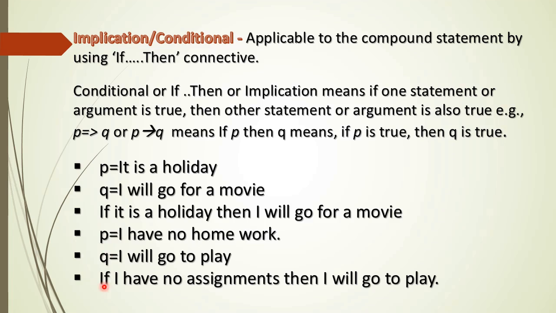Now we need to remember implication always begins with if, and the next sentence will be connected by then. So the first simple proposition always begins with if, and the second proposition is joined by then.